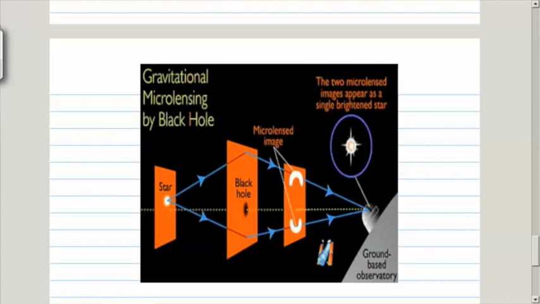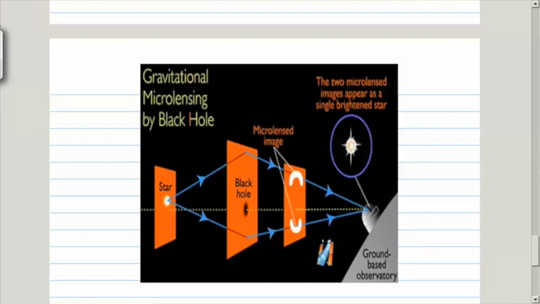So the bending angles are highly exaggerated in this diagram. They are typically 100 times smaller than the resolution of the Hubble Space Telescope. In other words, the Hubble Space Telescope cannot resolve these small angles.